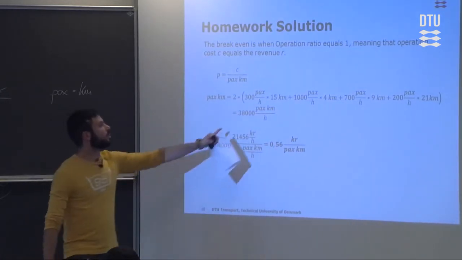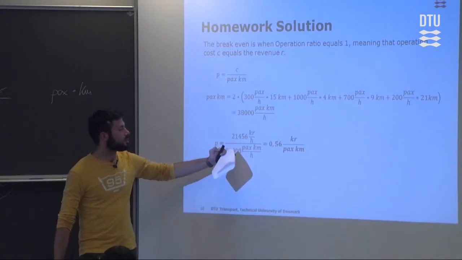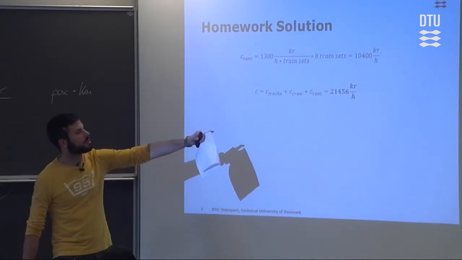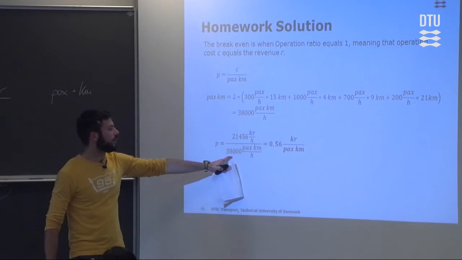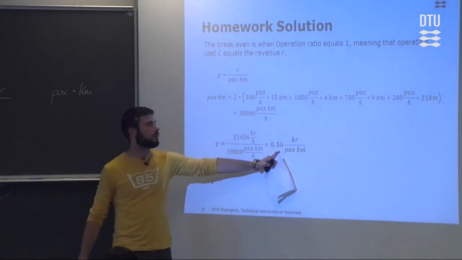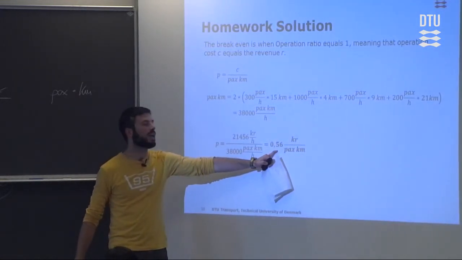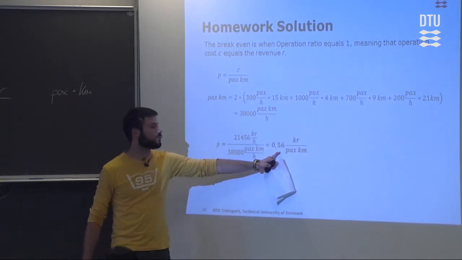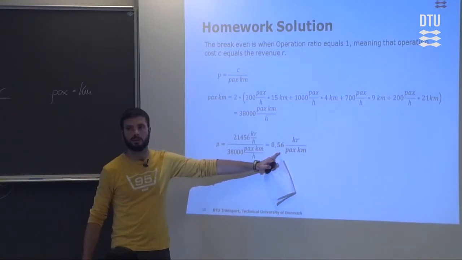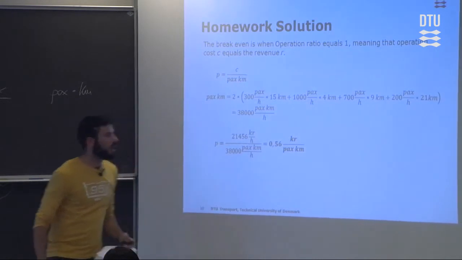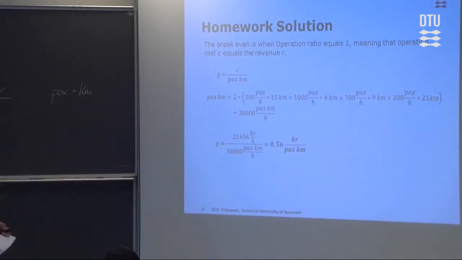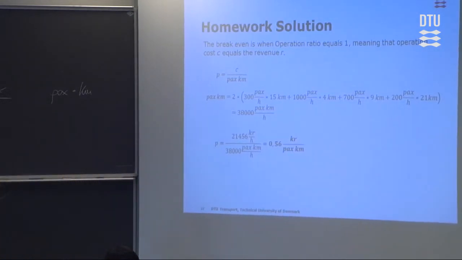So if we divide the cost that we have from this question by 38,000, we get the cost that should be equal to the price that we are giving to the passenger. It is about half a kroner per passenger kilometer.